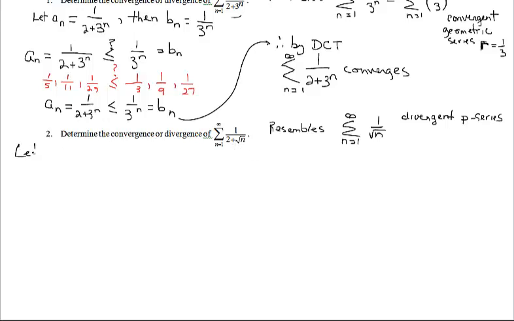So now let's let a sub n equal 1 over square root of n. Then b sub n is going to be the given series. So that's a little bit different than the last example.